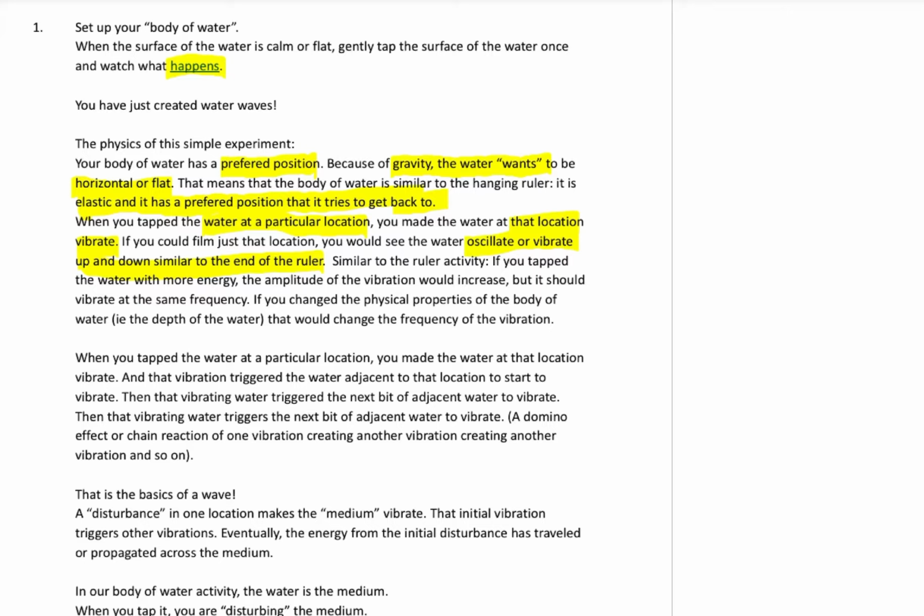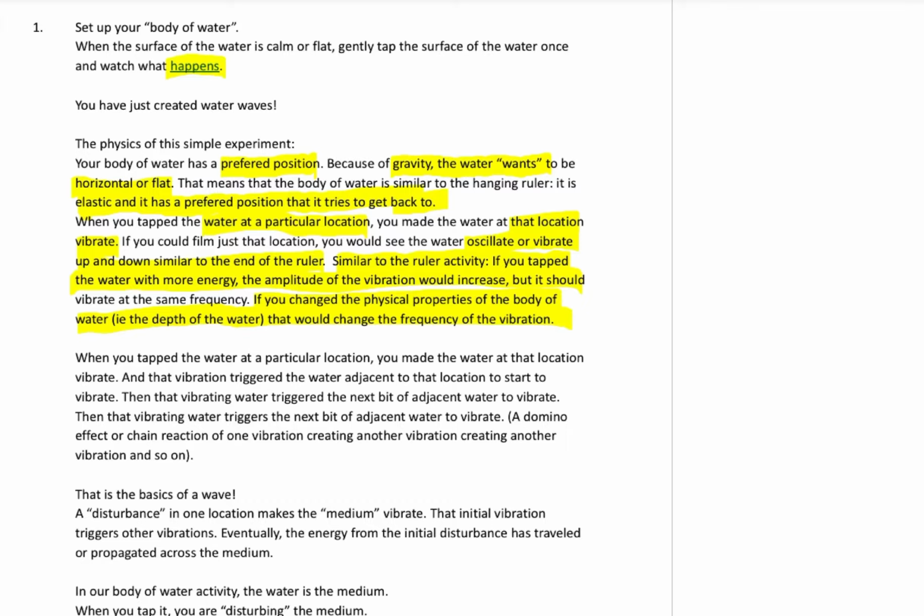Just like the ruler activity, if you tapped with more energy, the amplitude would be bigger. If you somehow change the physical properties of your body of water, the easiest way would be add more water or take water away, that would change the frequency. Still, that little paragraph I just highlighted, we're still talking about vibrations.